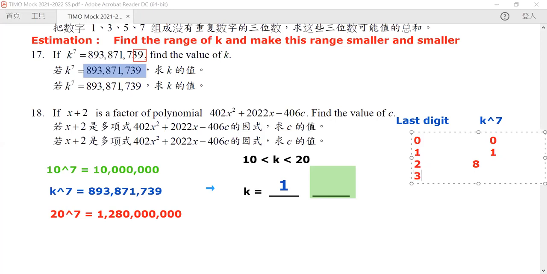How about 3? 3 to the power of 7 is equivalent to 3 to the power of 3, and hence it will have a last digit of 7.